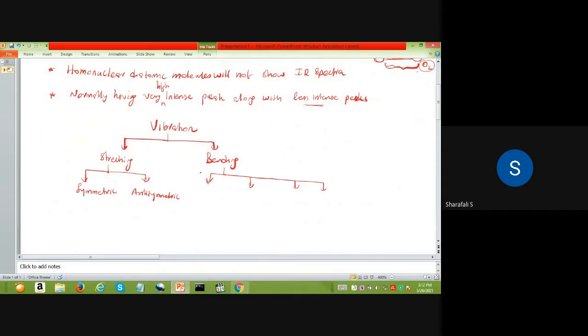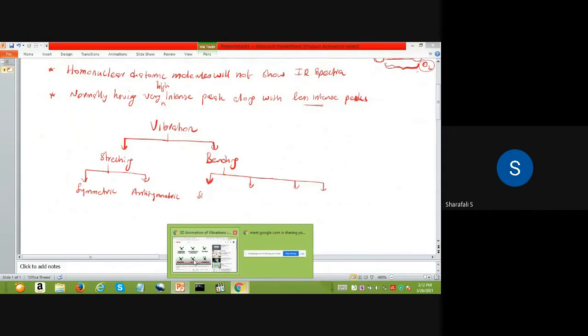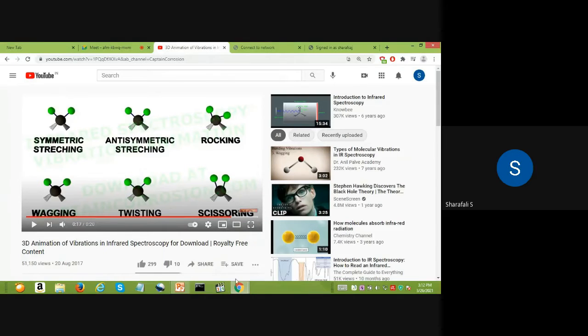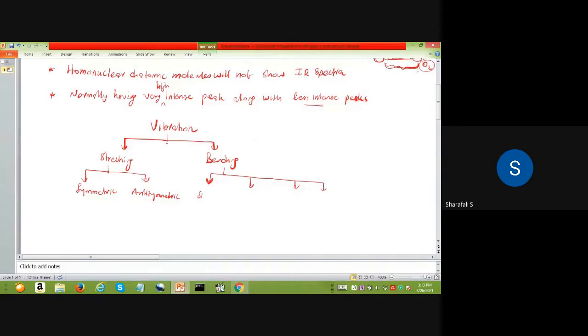These are fundamental, okay? These are the basic modes of vibration. So we have scissoring, modes. Scissoring. Then we have wagging, twisting.